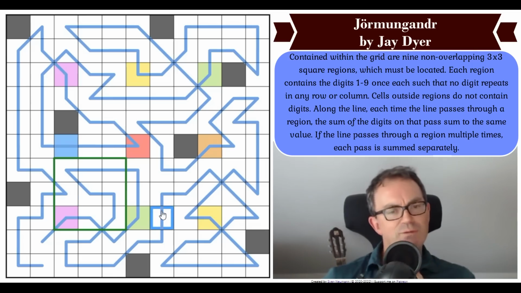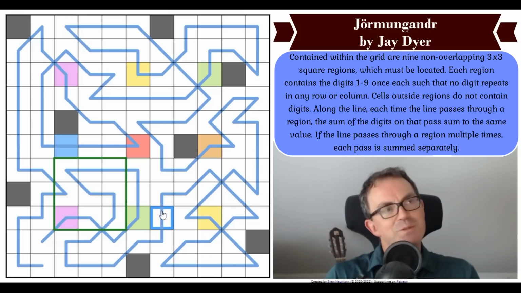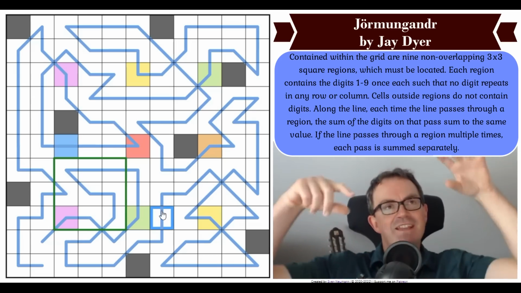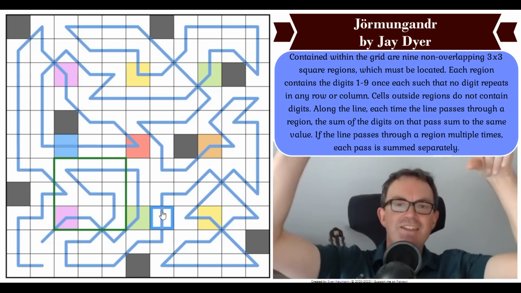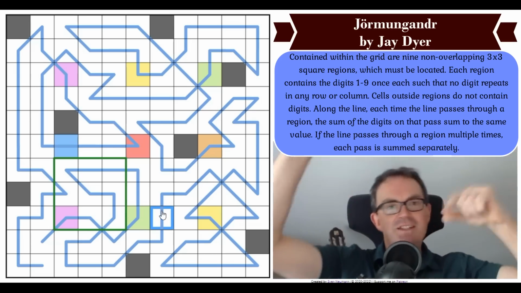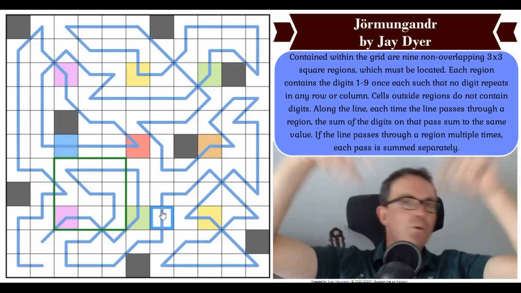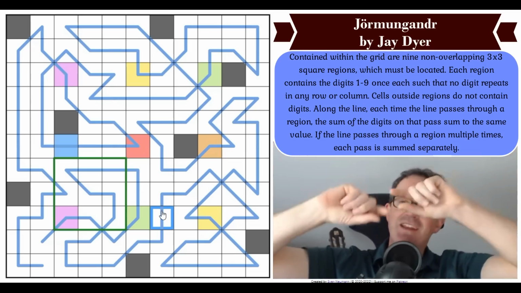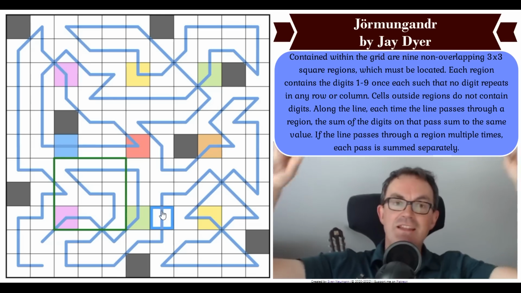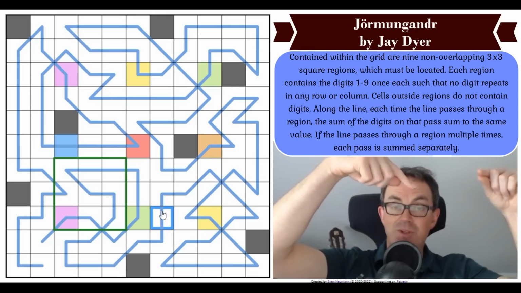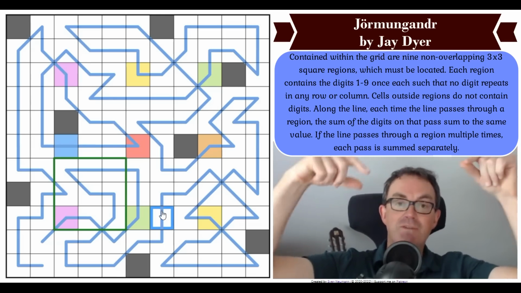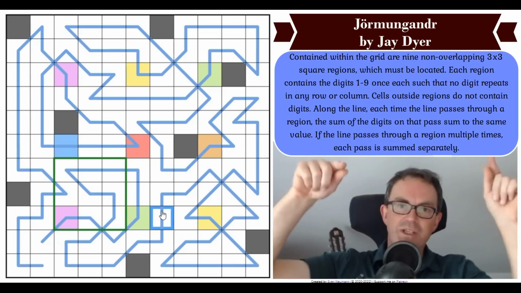If the number was 45, that's saying that every time the line enters a 3x3 region, it does a wiggle and picks up all the digits in the 3x3 box, and then it exits the box and never goes back in that box. Then it goes in another box and does a wiggle.